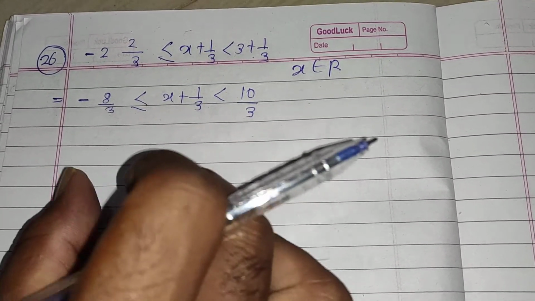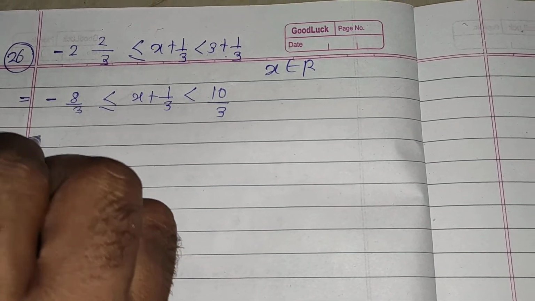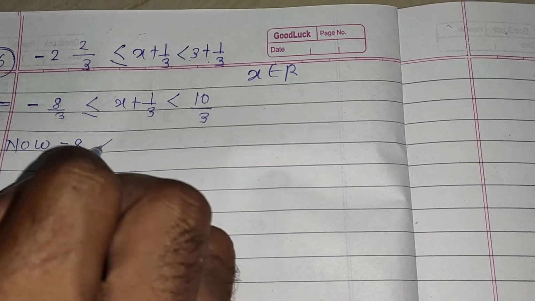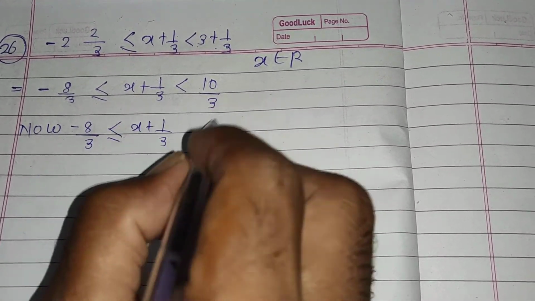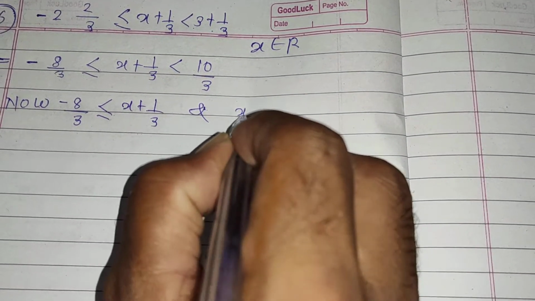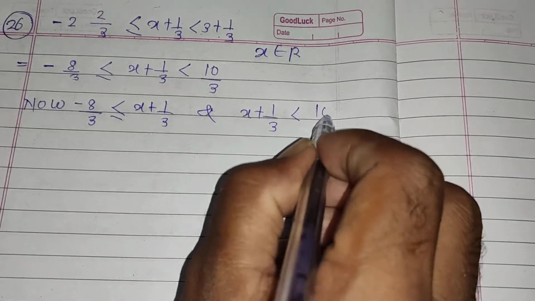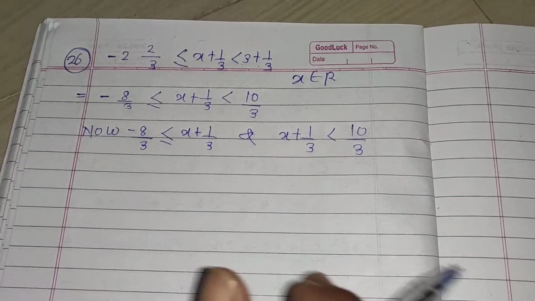Now we have to split this question in two parts. So this is minus 8 upon 3 less than or equal to x plus 1 upon 3, and this part, x plus 1 upon 3 less than 10 upon 3. We have to solve this and we have to solve this.